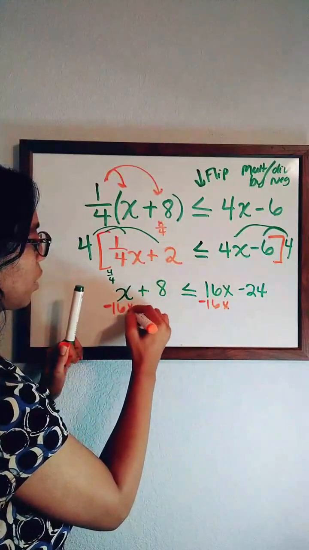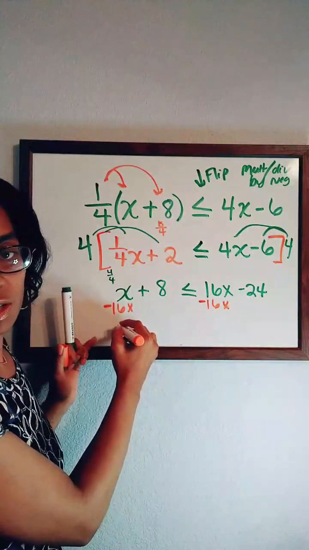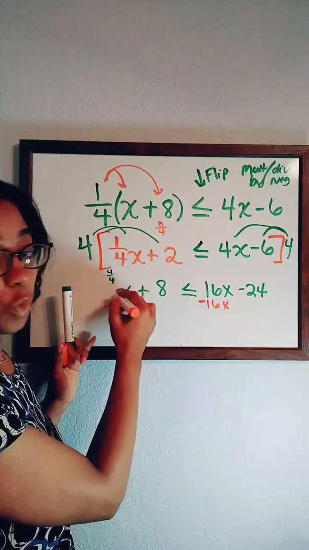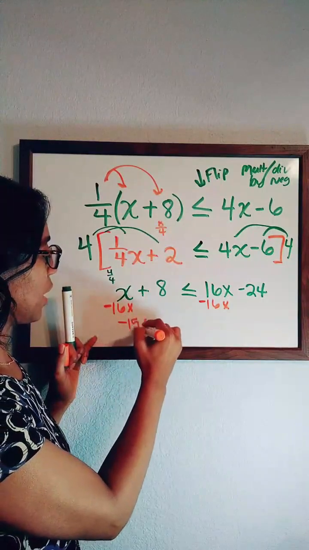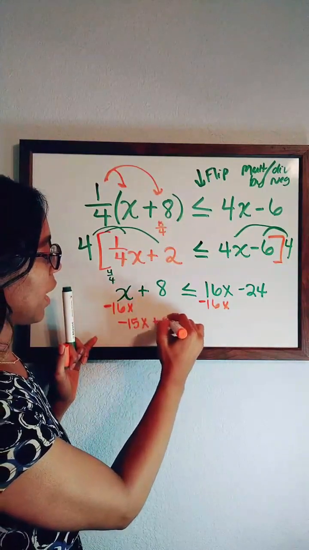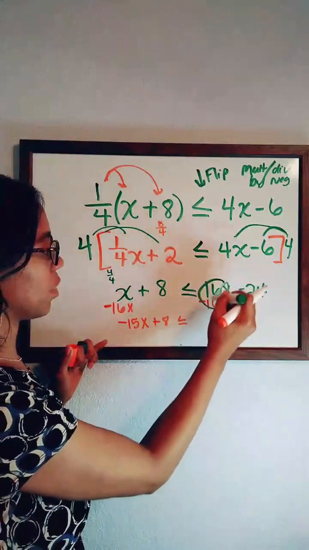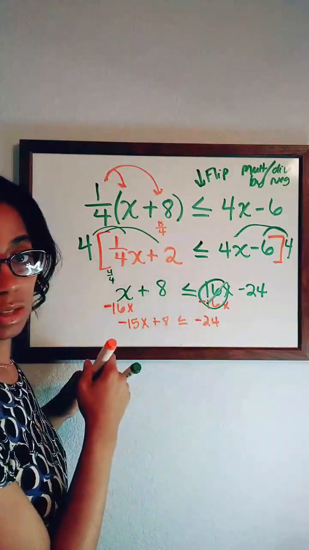This is going to give me how many functions? I can go over functions again. So I have 1x minus 16x, which is going to give me negative 15x plus 8 is less than or equal to, this ended up becoming 0, minus 24. What do I do next? Very good.